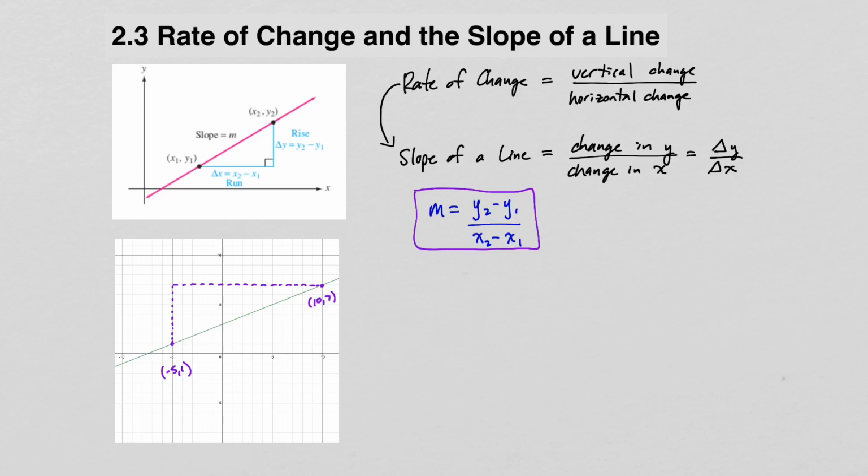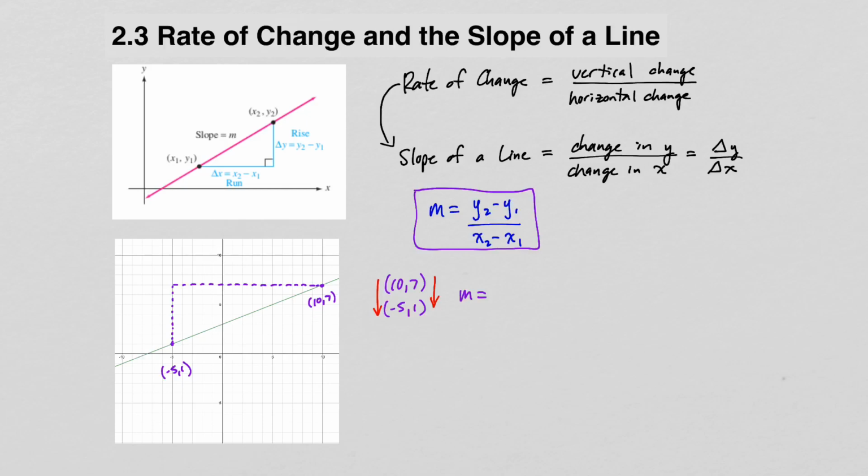Allow me to write down the 2 points that the line passes through, which is (10, 7) and (-5, 1). And you'll notice that I'm writing one on top of the other. This way, when I go to find the slope, I'm going to subtract my y values in this order, and I'm going to subtract my x values in the same order.